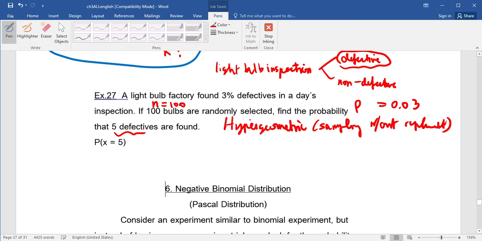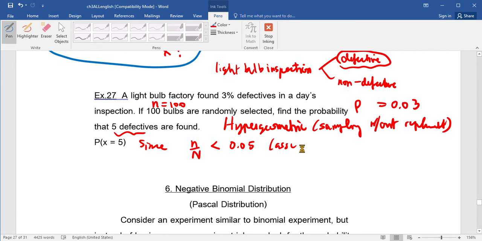The total number of light bulbs produced in the factory is much larger than 100. I don't know, in the whole factory it must be very large, so we can say that this is less than or equal to 0.05.